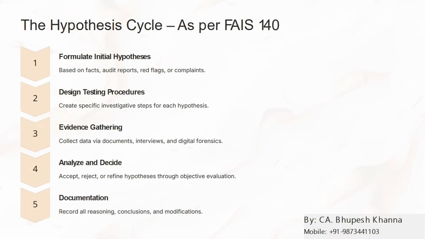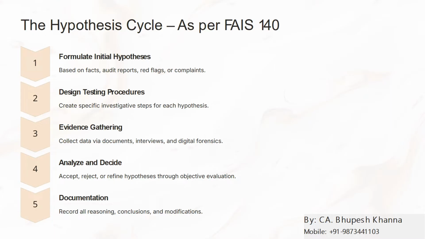Next one is the hypothesis cycle. As per FAIS 140, this standard outlines a cyclical approach to hypothesis application. 1. Formulate initial hypotheses based on available facts, complaints, audit reports, or red flags. 2. Design procedures to test each hypothesis. 3.